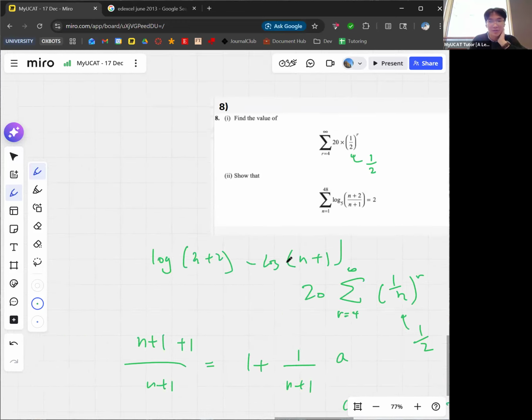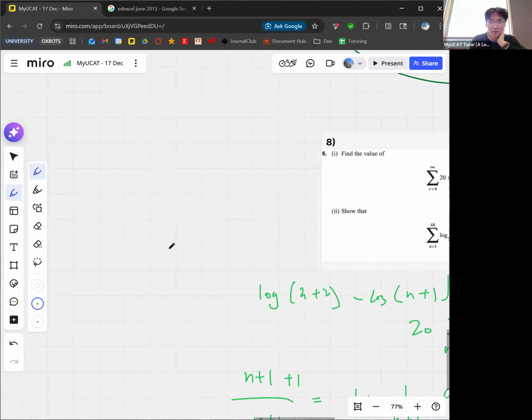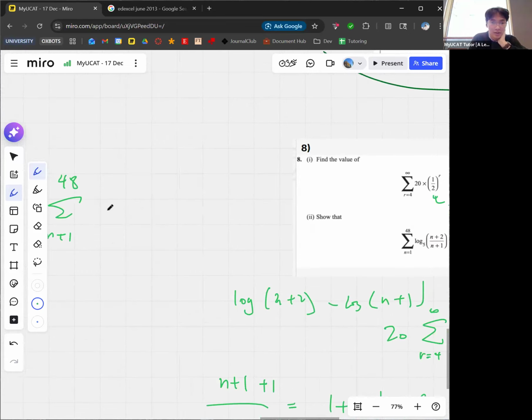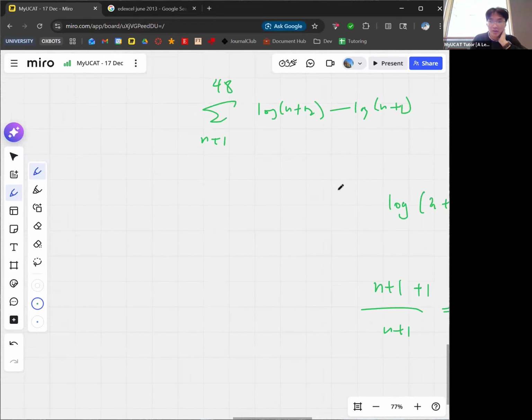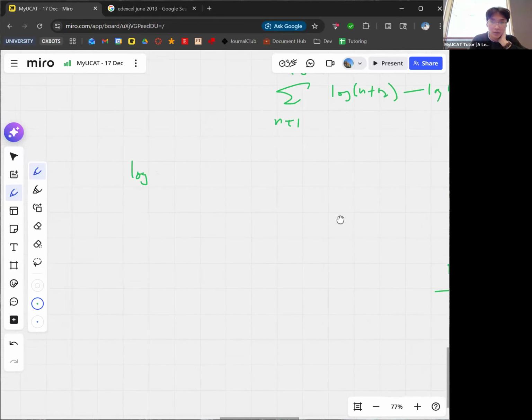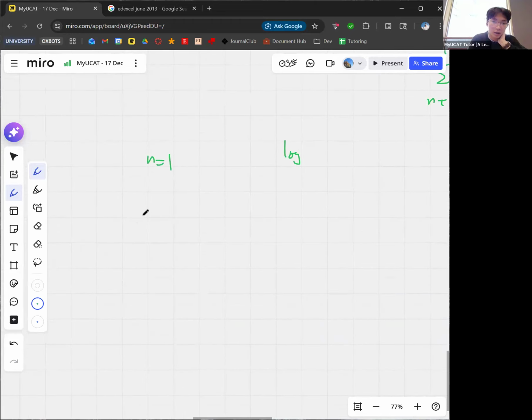Oh, I see. This is the difference way. So it's n equals 1, right? You split this up to be log of n plus 2 minus log of n plus 1, and you'll realize that if you write this down, from n equals 1 to n equals 48, I could put n equals 1 here, n equals 2, n equals 3, and so on.